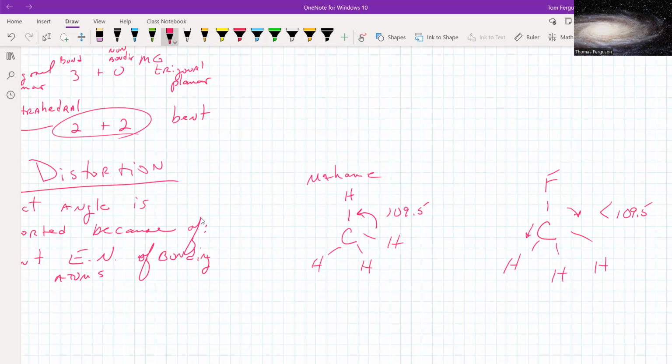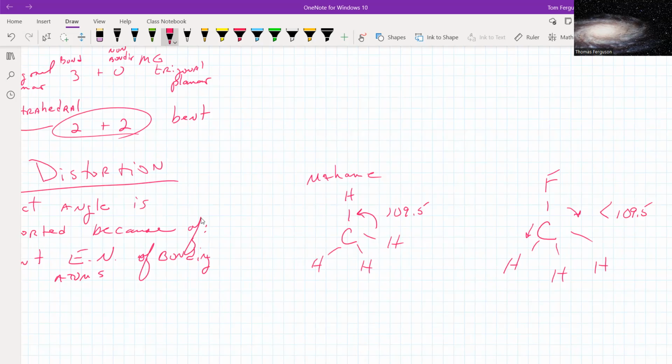Okay. So you have the perfect angle, like with trigonal planar, is going to be 120, assuming they're all the same atom. If they're not the same atom, that 120 becomes 122 or 118, something different.